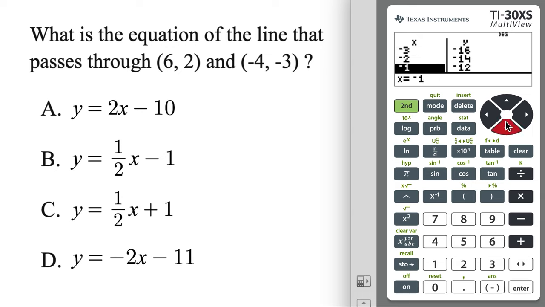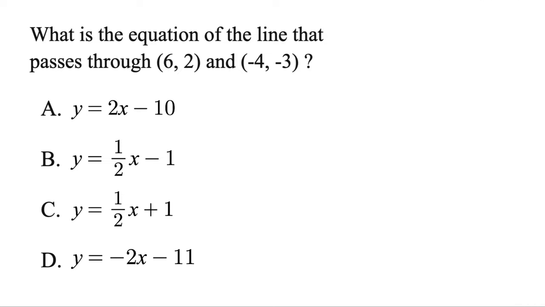So let's go down to x is 6. And sure enough, when x is 6, y is 2. So we do go through this point. So that's great. That's what we want. But let's check -4. So x is -4, we'll go up. But we get -18. We wanted -3, so it doesn't go through that point, so no good.